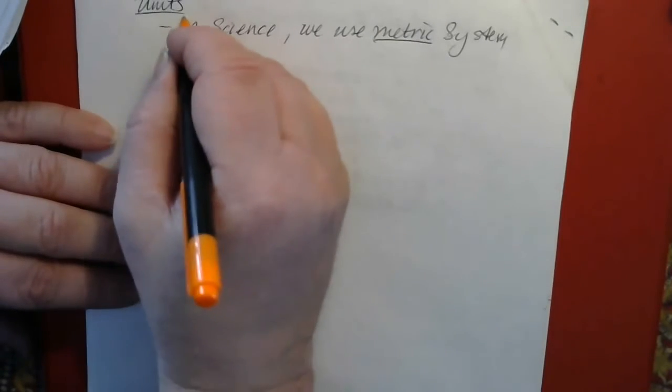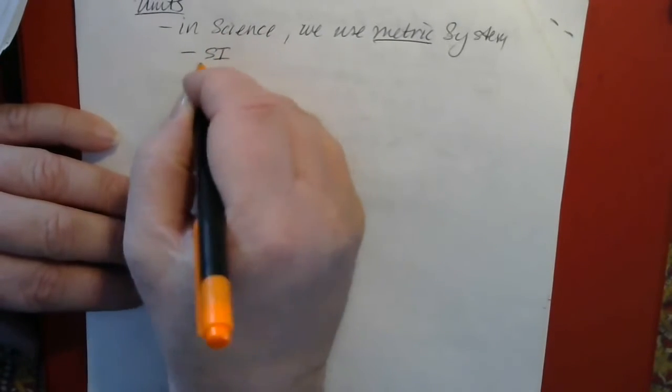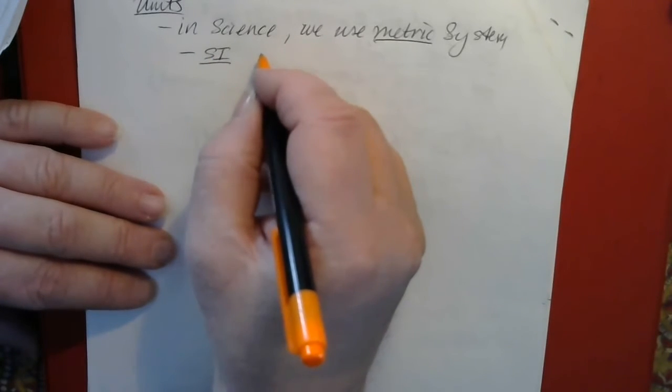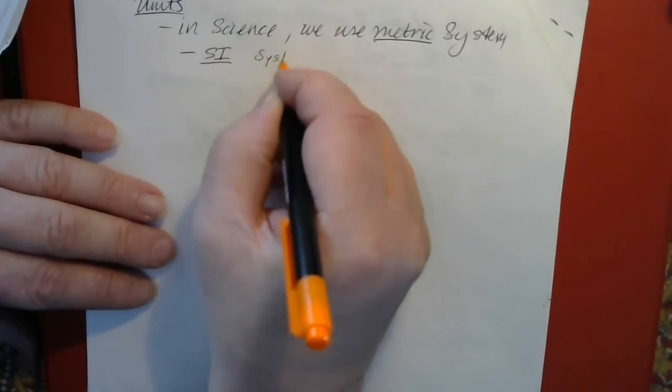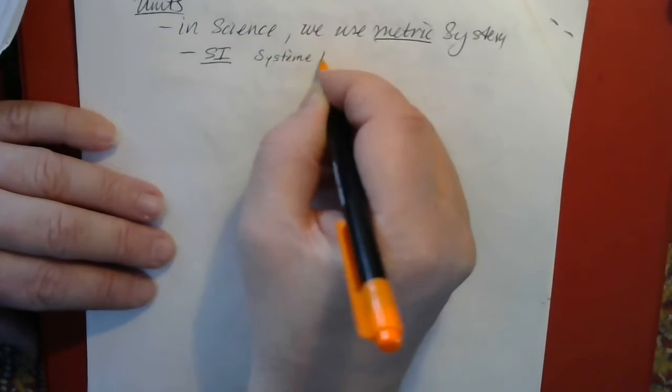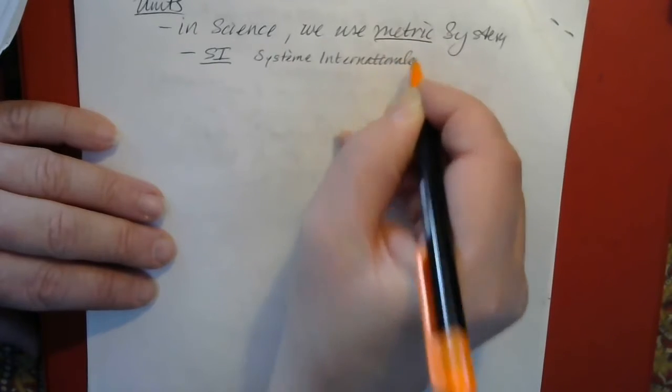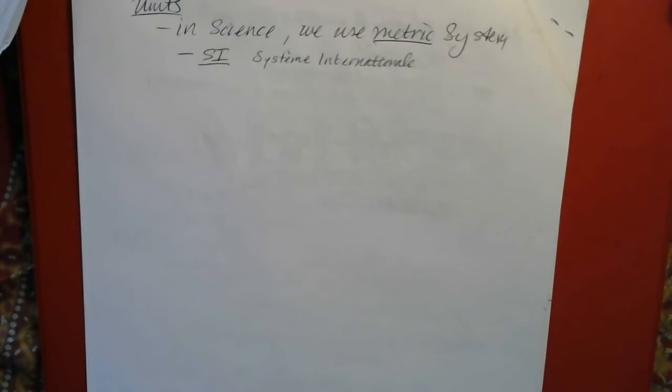We use in chemistry and physics what's known as the SI system, or Système International. Which is French, but anyway, it's the international system, which is a subset of the metric system, which means that certain types of measurement will have a standard unit that's used for them, which makes calculations easier.